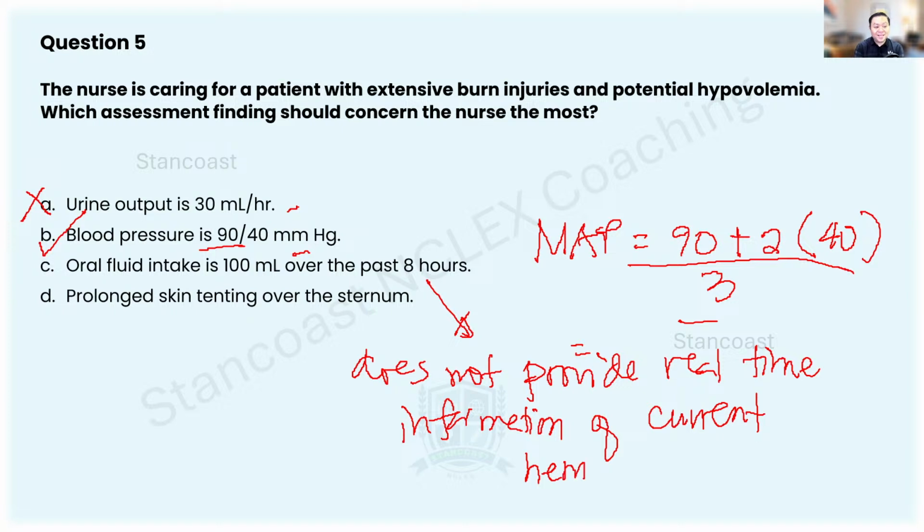Saying that it's over the past 8 hours, it's inclusive of prior hours. So it's not really the priority answer this time. It doesn't reflect the real-time hydration status of our patient, current hemodynamic status.